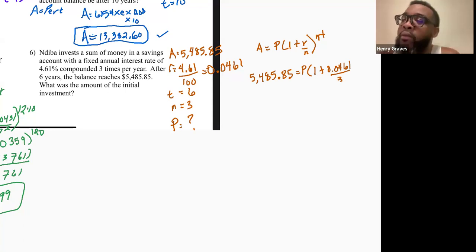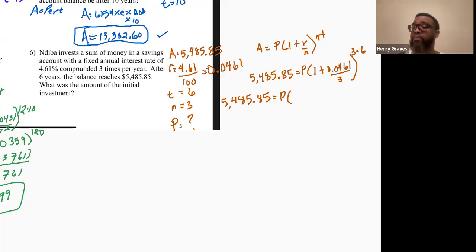So 5,485.85 equals that. Now let me see what 1 plus that is. Let me use my calculator. 0.0461 divided by 3 plus 1 is going to be 1.01537, raised up to the 18th power, because 3 times 6 is 18.